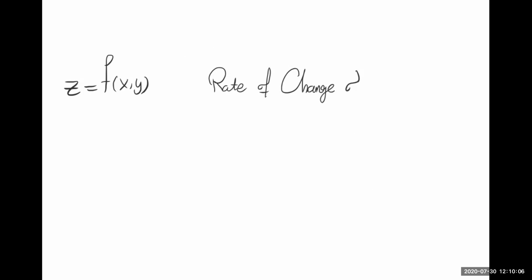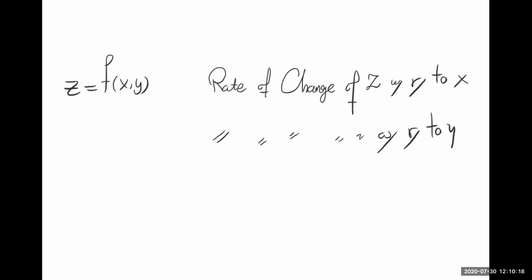Okay, so when we have a function of two variables, say f of x and y equals z, we can again ask what is the rate of change of z. But then I would ask, with respect to which variable are you interested? What is the rate of change of z with respect to x, or are you interested in the rate of change of z with respect to y? Which one?